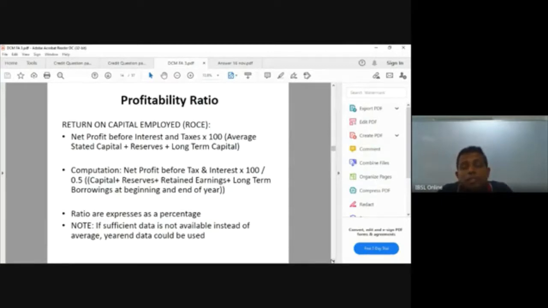The same answer that you calculated under part 3, you can use under part 4 also. Therefore, no need for repetitive actions, so you can save unnecessary time.